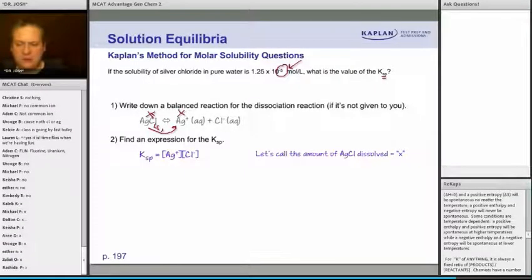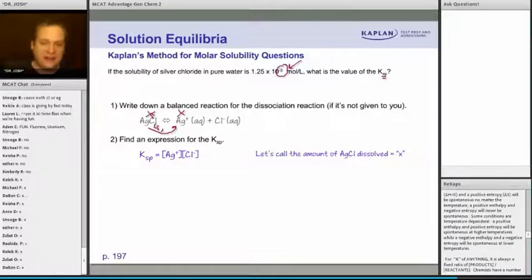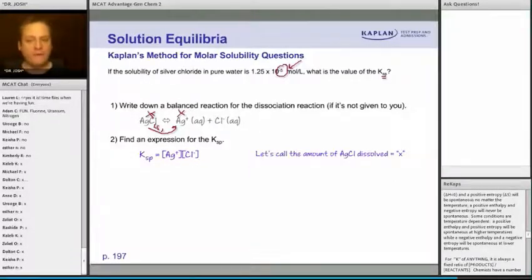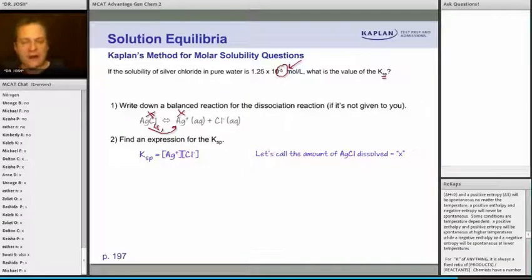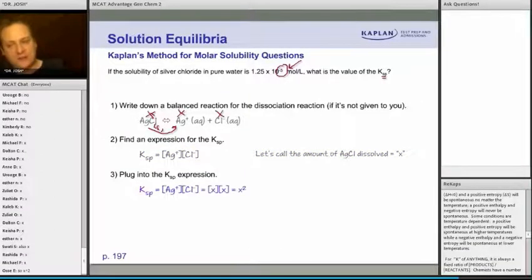Yeah, we should get X. For every 1 AgCl, you get 1 Ag. So X AgCl, X Ag. What about chloride? For every silver chloride, there's 1 chloride ion in it. So for each X you dissociate, you should get X as well. So plug in your X for the concentrations. And that therefore becomes X squared. Ag is X, Cl is X, X squared.